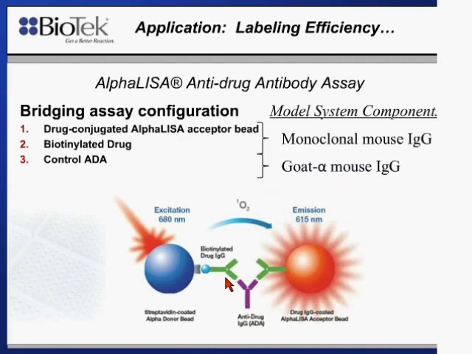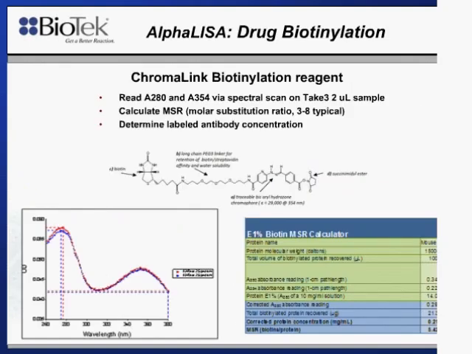For this particular alpha ELISA assay, we needed to biotinylate our antibody drug, and we used a reagent called Chromolink biotinylation reagent. It's a really nice, quick method for labeling.